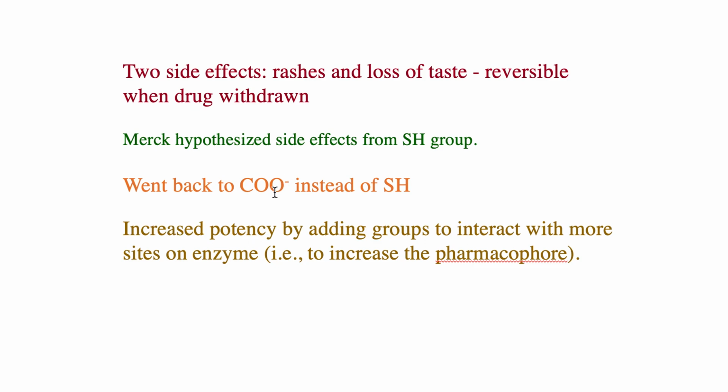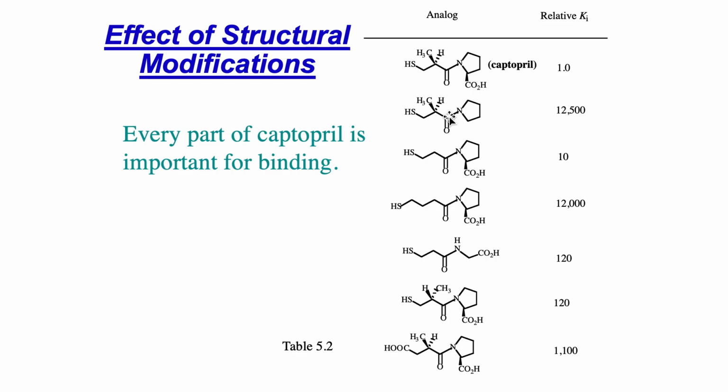So you're saying, okay, well, here's the question. From our structure here, we know that every piece on captopril is important. So if we turn this back into COOH, it's going to turn it back to here, and that sucks. So what are we going to do? What they did was they added more structure to make this interact with the enzyme more.